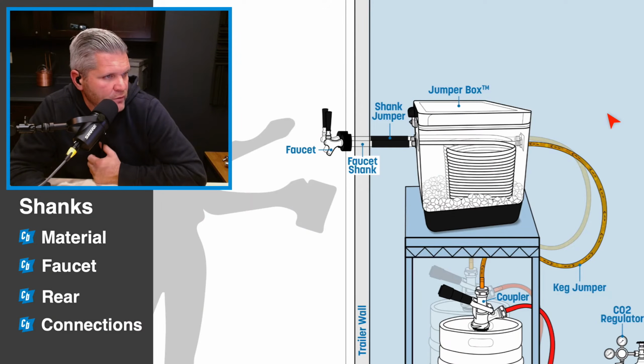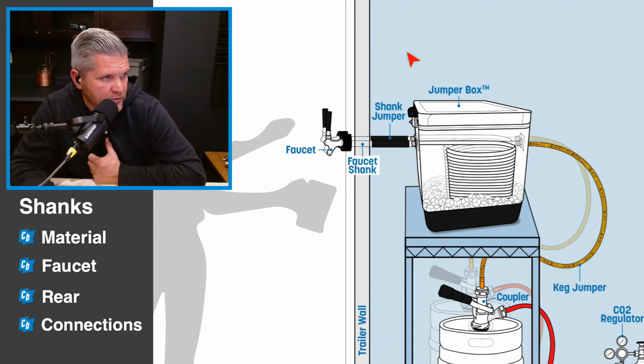So here's a quick example of what I'm talking about with the long 6-inch shank that I had in my hand. So this would be a long faucet shank going through a wall, which then would connect to some sort of tube, like a small shank jumper. Like you want this as short as possible, which would connect to either a jumper box, or if this jumper box wasn't here, this could be a direct draw system where the beer leaving the keg, basically this tubing here, would go directly from here to your shank.